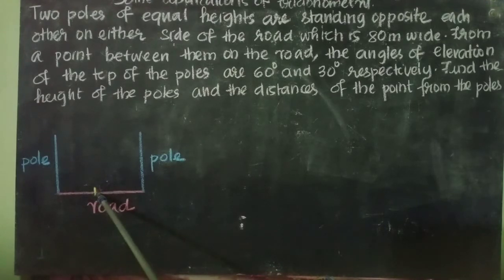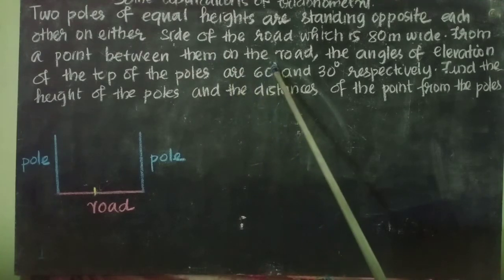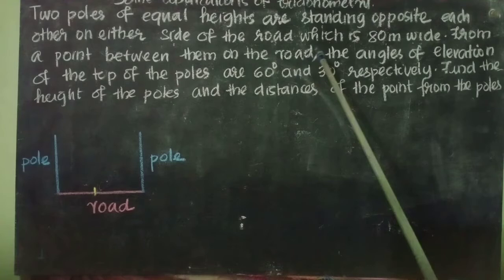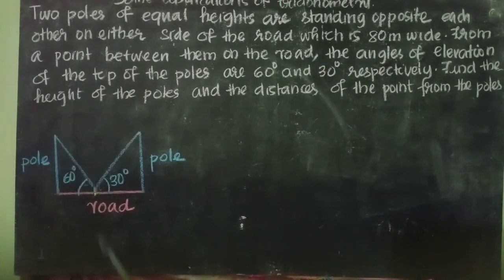From this point, the person is looking to the top of the poles at the angle of elevation of 60 degree and 30 degree respectively. Let us mark it. One angle of elevation is 60 degree and the other angle of elevation is 30 degree.